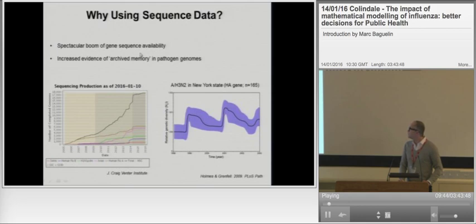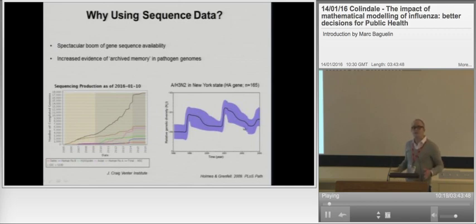But in correlation to this, there's also the increased evidence that these genomes, molecular data, actually are embedded with a wealth of information that it would be a shame not to exploit. Again, as an example here, I'm showing how just by looking at gene sequences from flu samples in New York State, you can infer the population dynamics, the changes in population size, as indicated here using a Bayesian MCMC framework, and you can reconstruct the changes in population size that correspond to the flu seasonality.